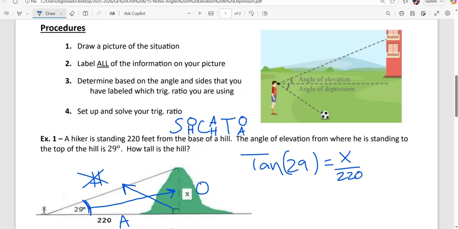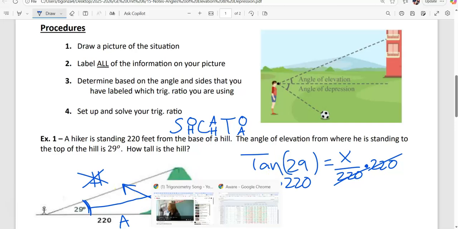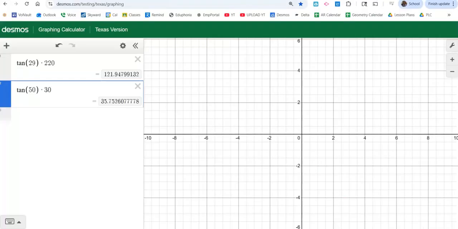Now, I need to get X by itself. So how do I get rid of dividing by 220? Multiply by 220. And now that I have X by itself, I can put tan 29 times 220 in my calculator.